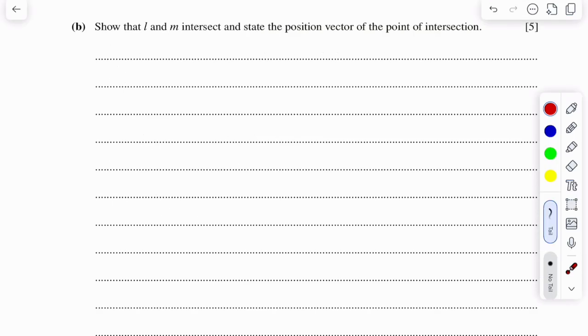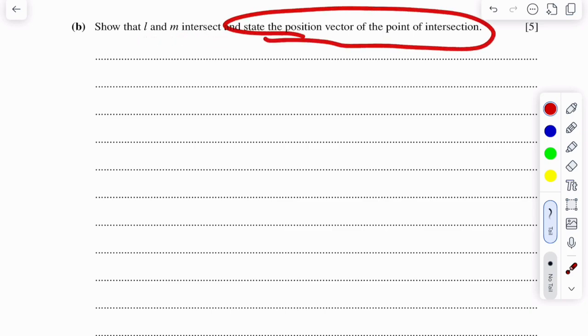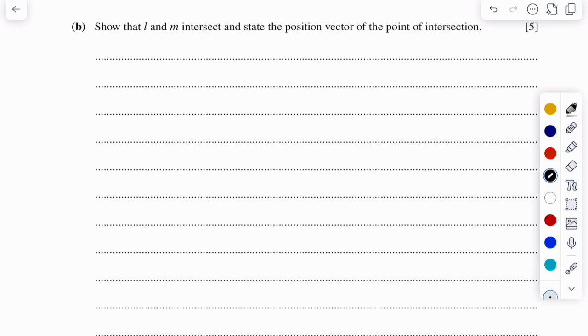Now this type of question is a classic. It says to show that L and M intersect, and it wants us to state the position vector of the point of intersection.